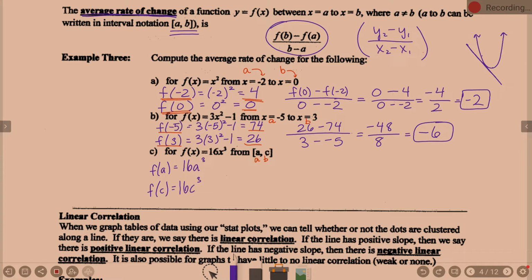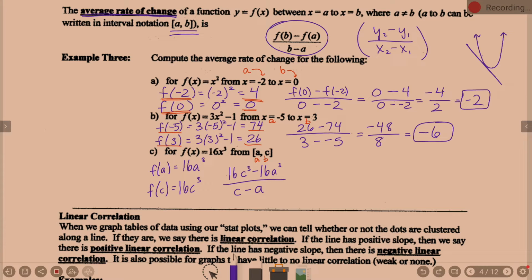Yesterday we were setting up f of B minus f of A over B minus A. This time it's going to be f of C minus f of A over C minus A. So f of C minus f of A means 16C cubed minus 16A cubed over, well, here it's officially going to be C minus A, right?